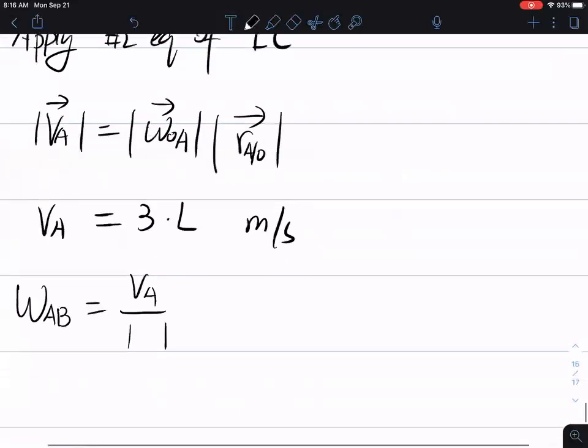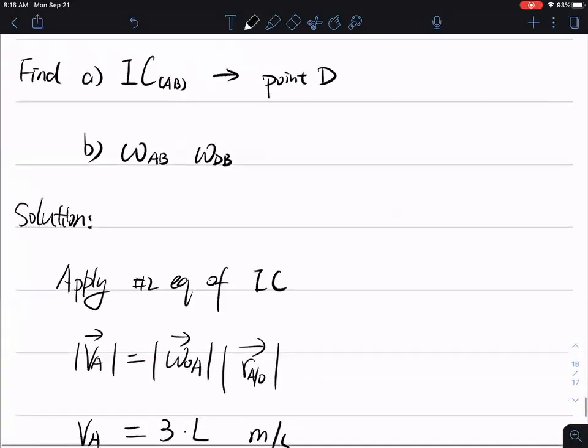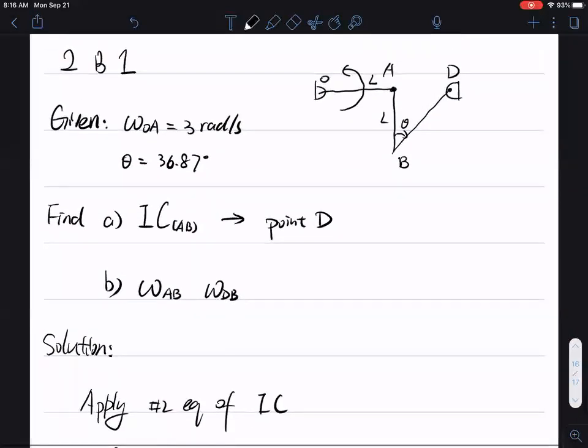So here it should be R A slash D, the distance between A and D. What is the distance between A and D? We're looking at this distance here.